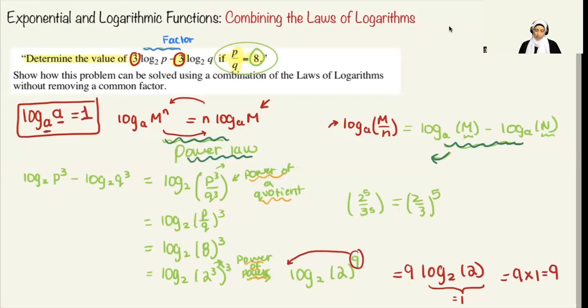And so we used plenty of laws over here. And we also used this law over here where I have log base A of A is equal to 1. So we used plenty of laws here in order to get our final answer of 9. And typically when you answer logarithmic questions using laws, you will be combining laws anyway. It won't just be, oh, use this one law. It will typically be a combination of some laws.